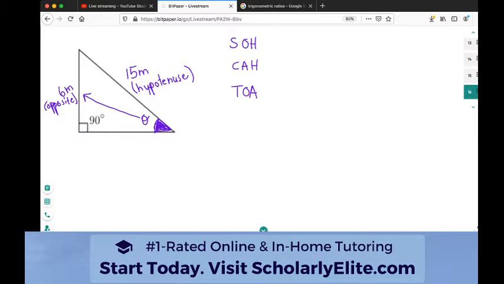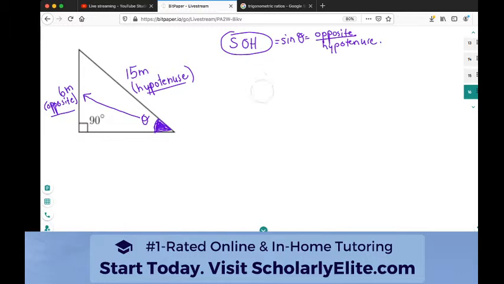Process of elimination is the easiest way to do that. Which side lengths do we actually have? Well, I have the opposite and I have the hypotenuse. So which of these ratios has that? Sine of theta equals opposite over hypotenuse. Easy enough, we can take that information and use it to our advantage. So we're not going to worry about cosine and tan because they don't matter to us right now.